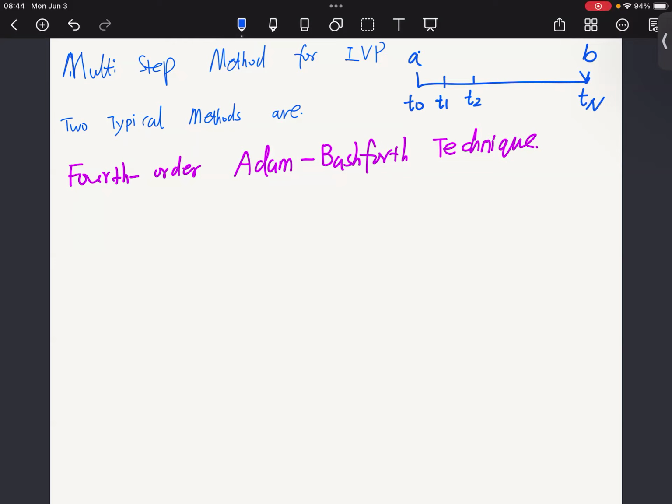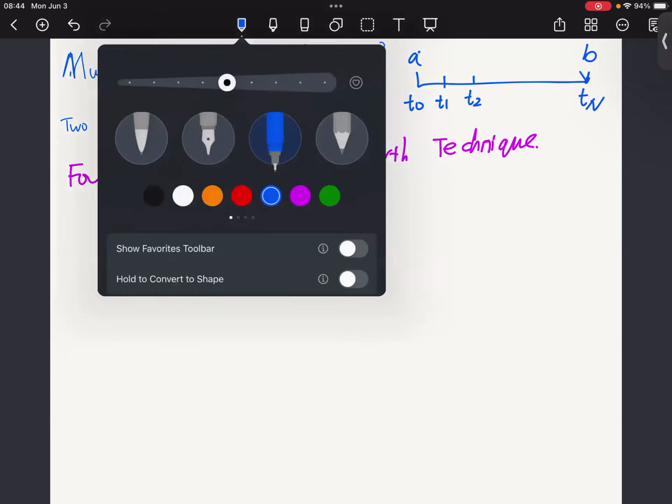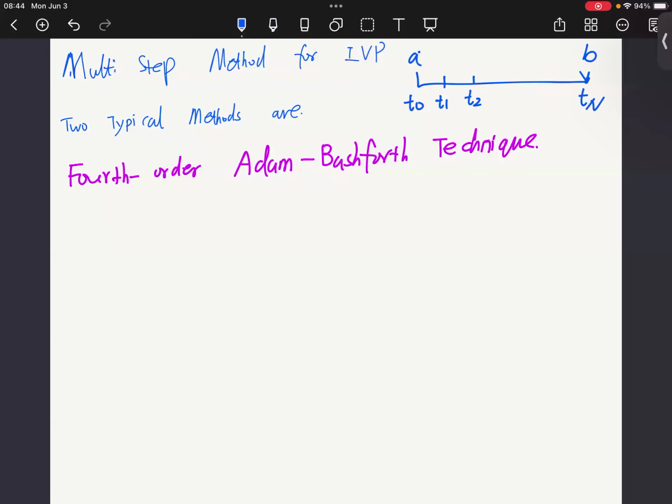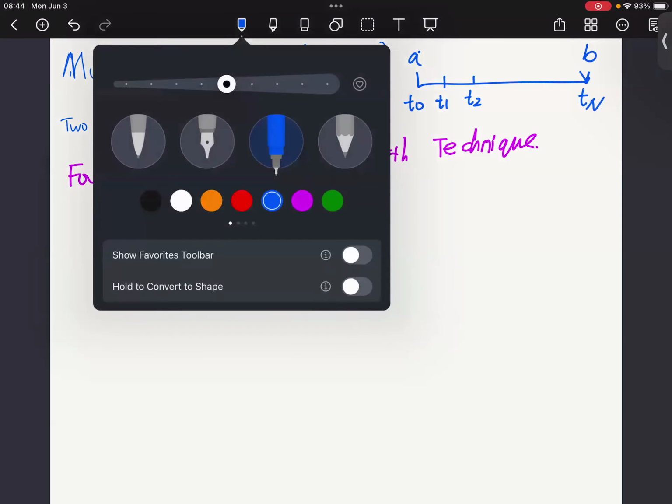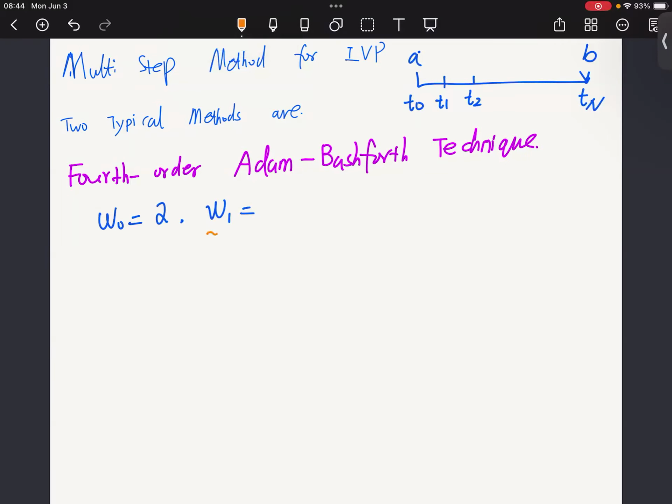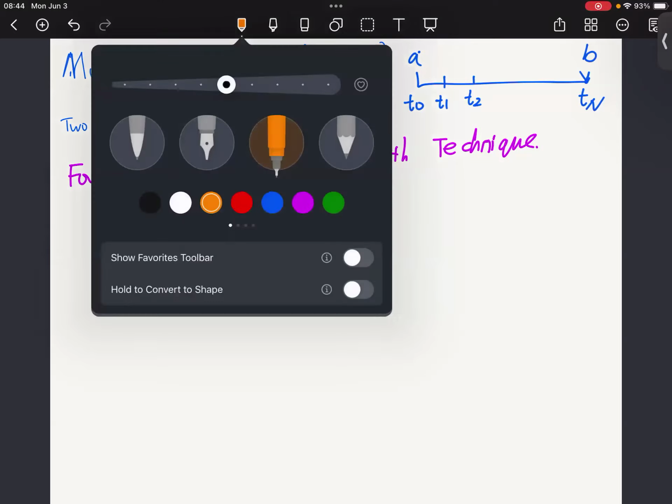Let's say we already have the initial point, the initial time point. And we also have W1, the approximation, or the exact value, of Y(T1).